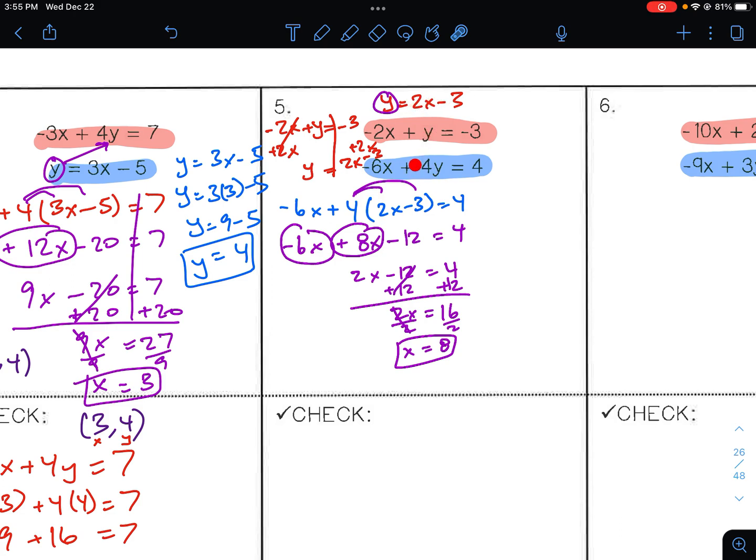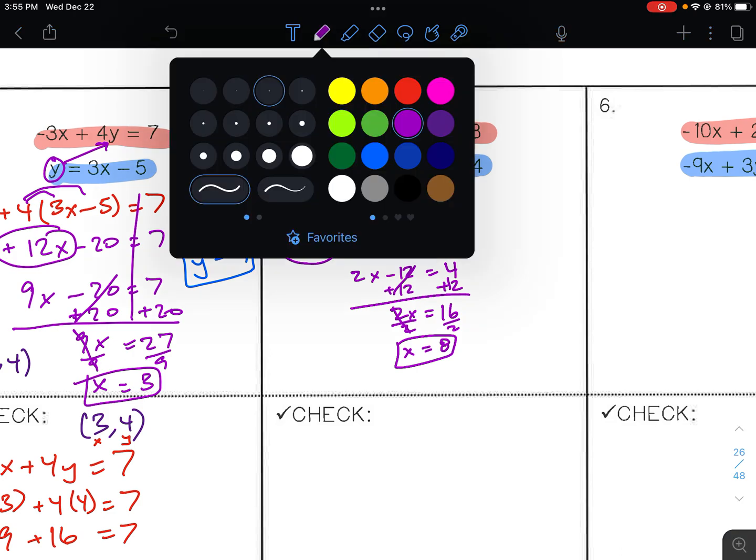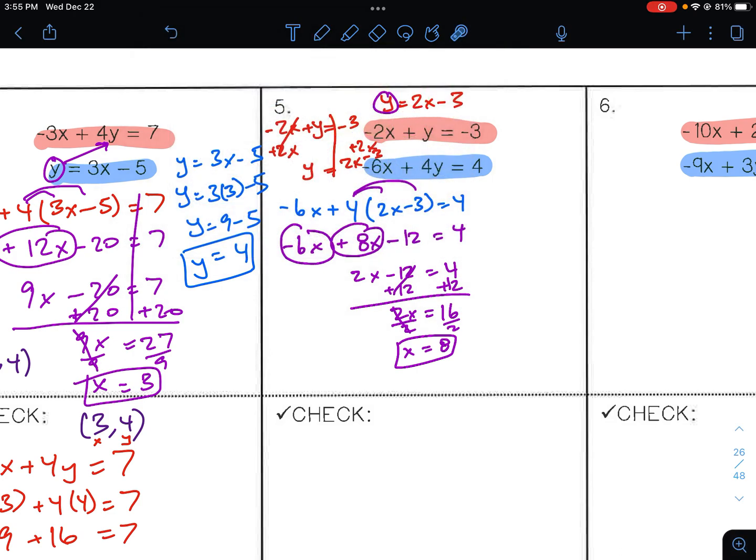It doesn't matter which one, whether I do it in the one I made or the original one. Technically, if I did this correctly, I could plug it into this one, but if I messed up, it might be worthwhile to check one of their equations. I could use my red equation up here because it's easier. But let's go ahead and just use theirs.